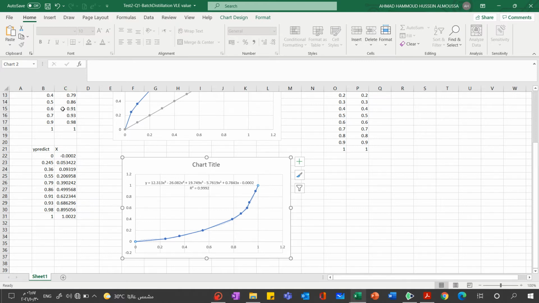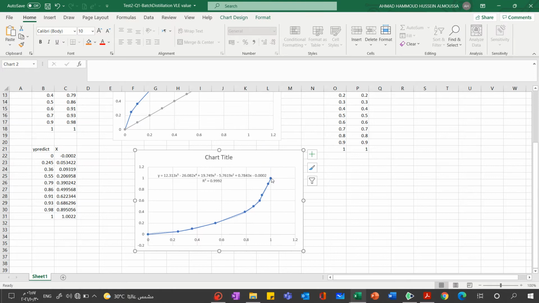You put the y value on the x-axis and the x value on the y-axis, so it will give you this chart like what you see here. I don't know why it's not working. Start with chart design, select data.